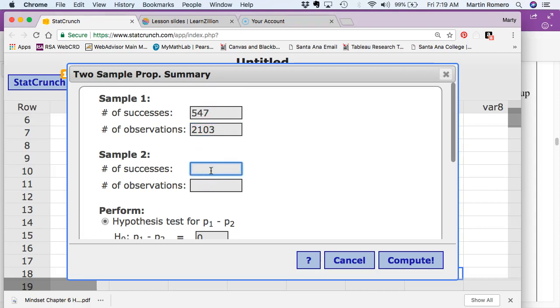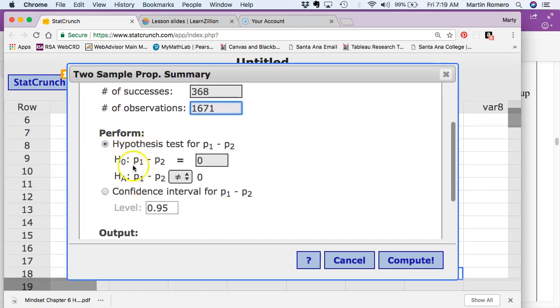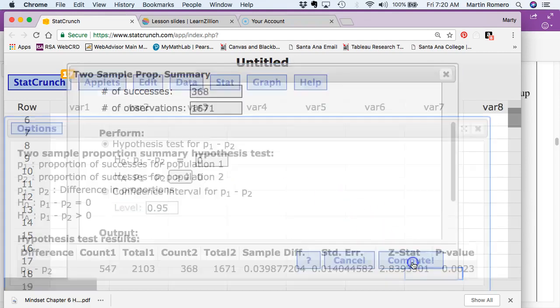For the next group, the placebo control group, 368 out of 1671 got a headache. What's our hypothesis test? The null hypothesis is that they are equal. The alternative is that the first one is greater than the second one. And compute.